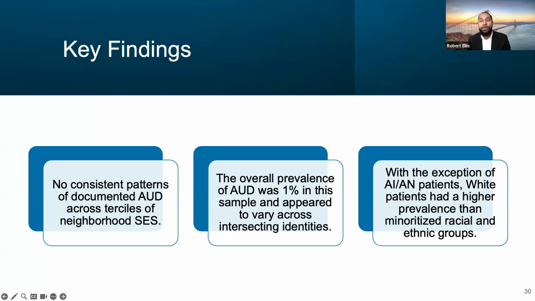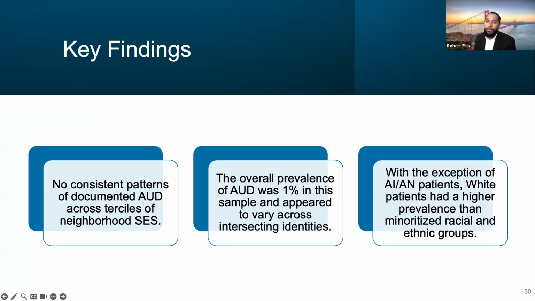And this is very low compared to the 10% prevalence we talked about in the national studies. And it is also low compared to past VA studies that also looked at AUD in clinical settings, which found the overall prevalence to be around 6.5%.